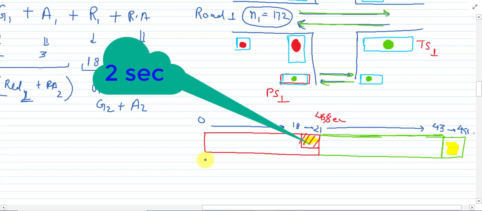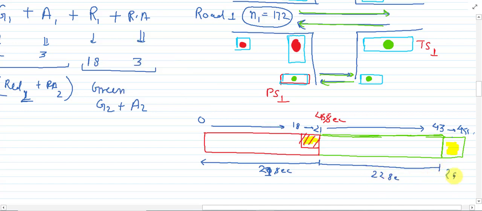And on the bottom side, this is 21 second, because 21 second is related to your 22 second, and this one is 2 second. So this is the phase 1 diagram.